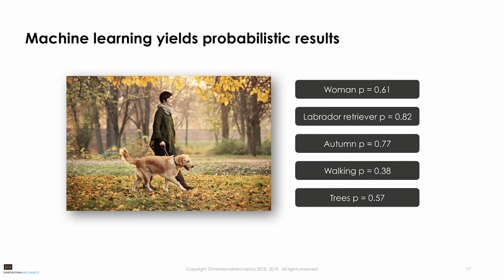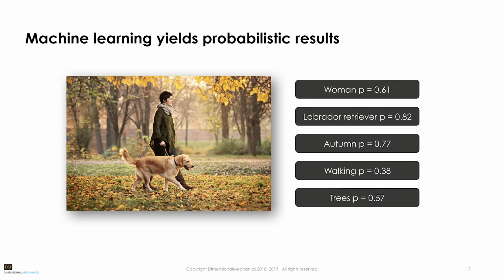For example, in this picture, it says the probability that there's a woman in this picture is 61%, 82% that there's a Labrador retriever, 77% that it's autumn, 38% that this woman is walking, 57% that there are trees. Now, depending upon where you set the threshold, which is an agreed upon statement saying, okay, anything above 50%, for example, I'm going to accept as true, anything below 50%, I'm not going to accept as true.